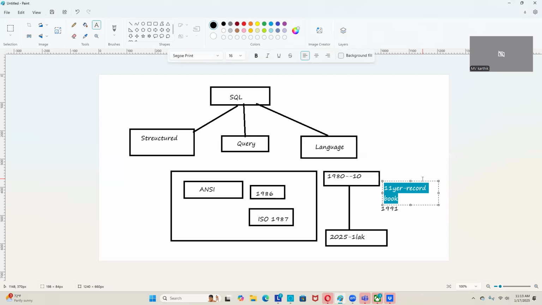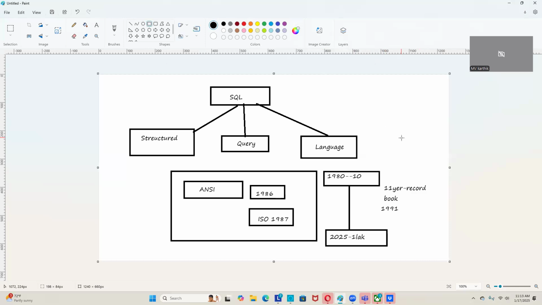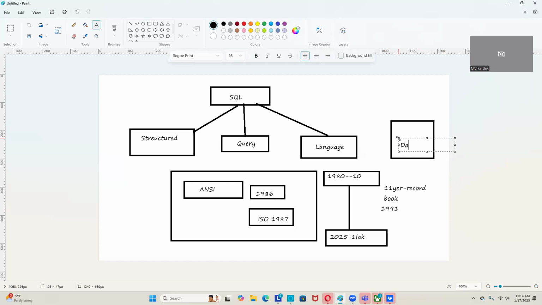To avoid this kind of manual work, instead of records, I can simply maintain a database where I can go and see my data. That's where the database came into the picture.